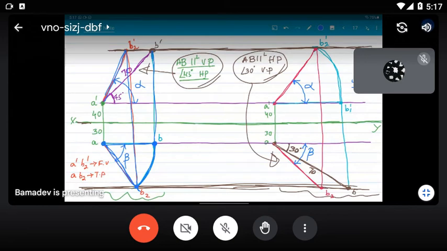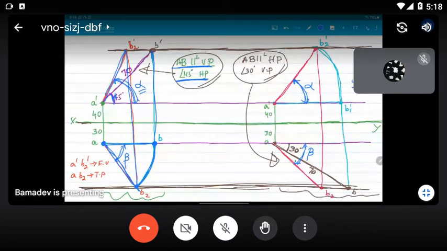Right? So to see the accuracy, how accurately you are finishing this job, you can measure this alpha, this angle, this angle, this angle, and this angle. The significance of this alpha is, this is the apparent angle. Right? Actually, this is making how much angle with horizontal? 45 degree.